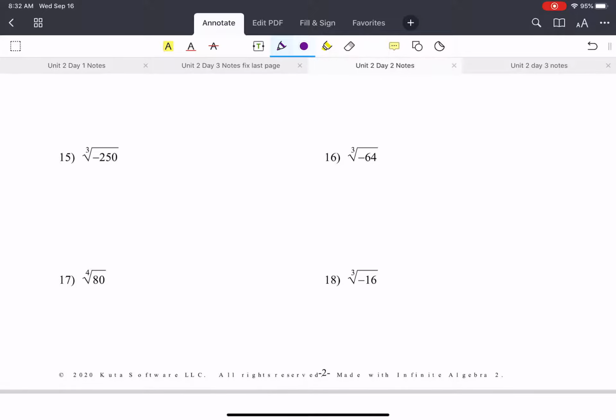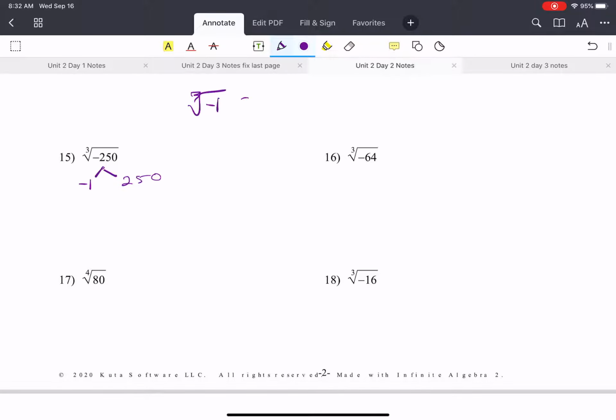Okay, the first thing I still want to do is split up the negative. Now, the reason why we had to deal with i with the square roots was because the square root of negative 1 is not possible, right? But is the cube root of negative 1 possible?